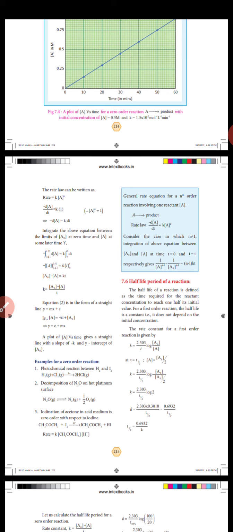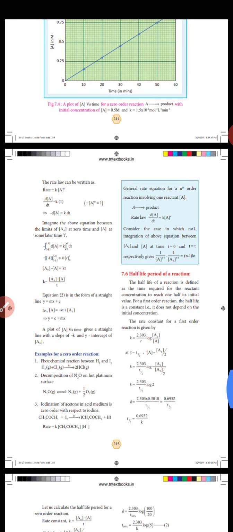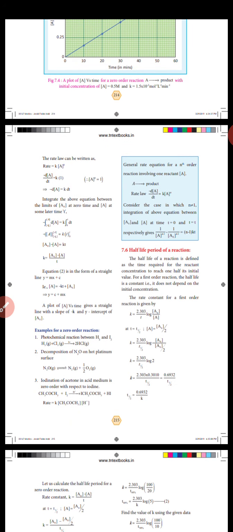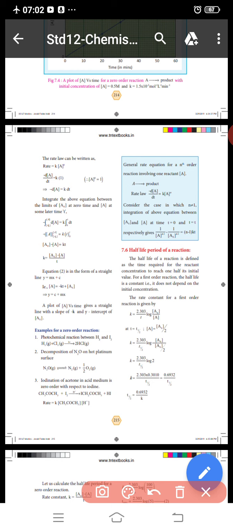So minus the integration from A naught to A of dA equals k times the integration from 0 to t of dt. Applying the limits, A naught minus A is equal to kt. So k is equal to A naught minus A divided by t.